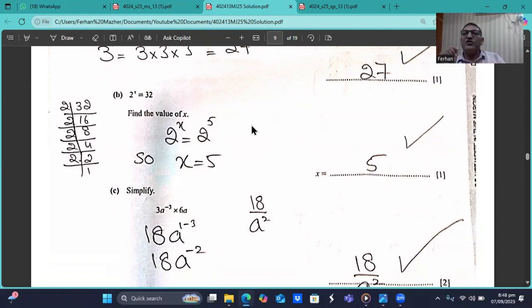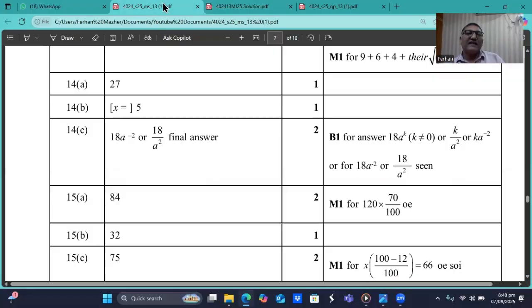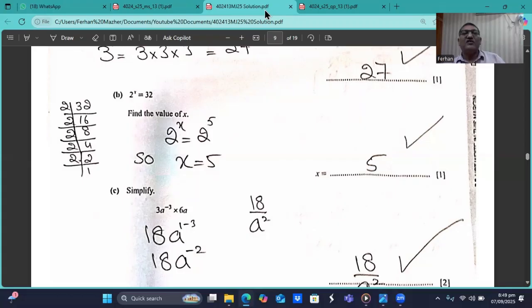Then I will be able to compare the powers. So it will be 2 raised to power x equals 2 raised to power 5. Because they are equal and their bases are same, I can write x equals 5. The value of x is 5, which is the right answer. I hope you know how to prime factorize 32.